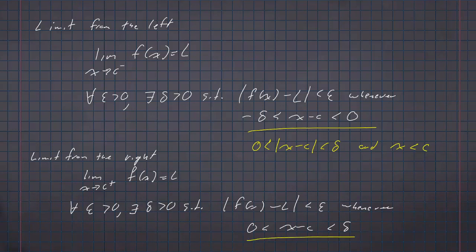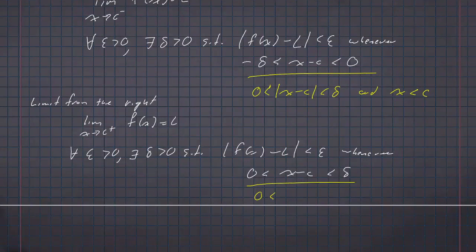And in this case, we are looking at 0 less than the absolute value of x minus c less than delta and x bigger than c.